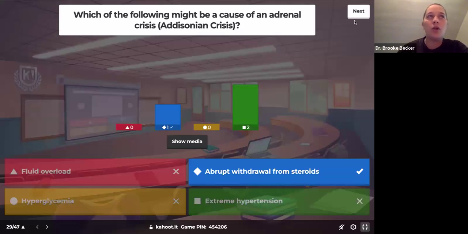If you're on glucocorticoids or steroids, so prednisone or something like that, and you've been on them for more than like a week, and you just stop them and you don't wean off of them, so titrate down, then you will go into an adrenal crisis. Okay.